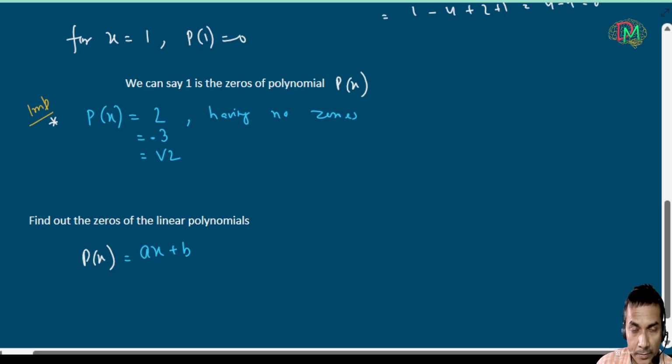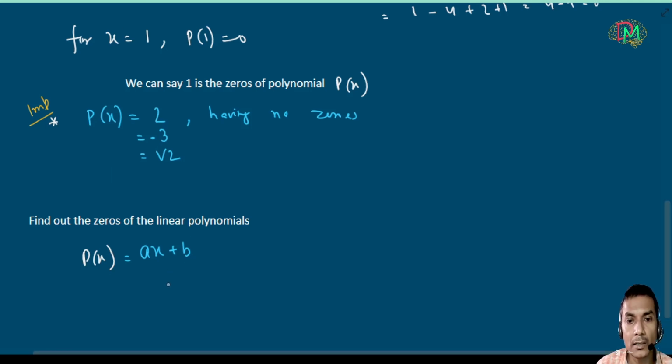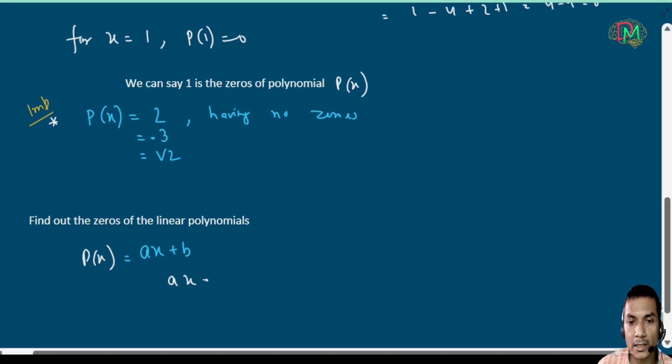Here, for which value of x will ax plus b be 0? We can write ax plus b is equal to 0, or p(x) is equal to 0, to find the zero of the polynomial. Okay, clear?